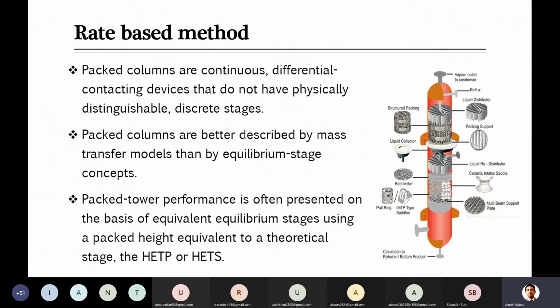Let's say that for a separation you need 5 trays, so you have to evaluate how much packing height will be needed to get that separation if you use a packed tower instead of trays.